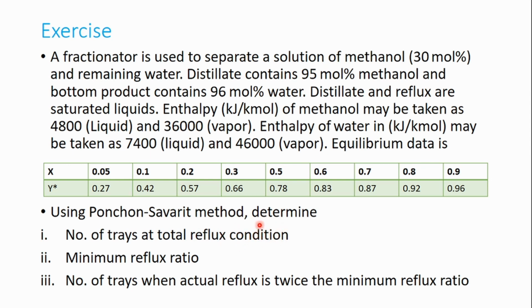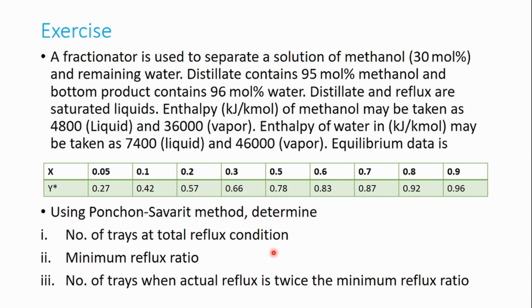At total reflux, all operating lines are straight and vertical here. So you can do it as explained earlier. All the tie lines you will get from this XY data. So it is better that you plot the XY star information as a plot, and you can find the tie line information from that. Then find the minimum reflux ratio, and the number of stages when the actual reflux ratio is twice the minimum reflux ratio.